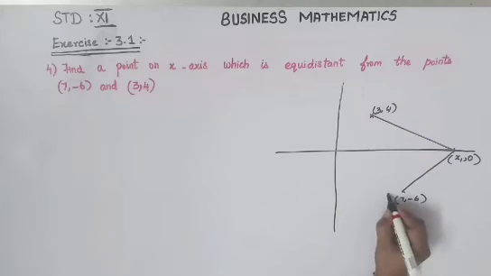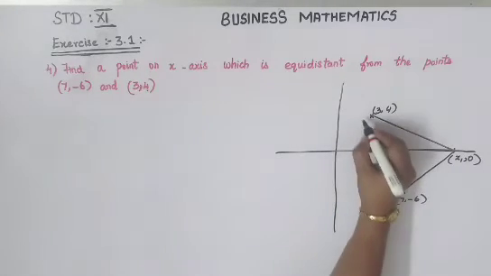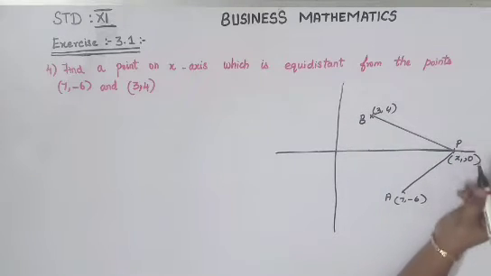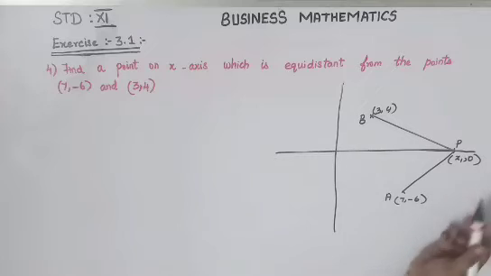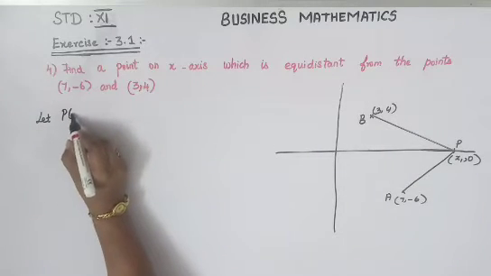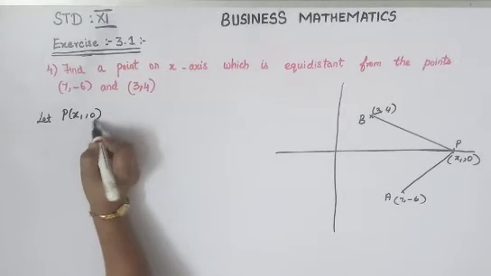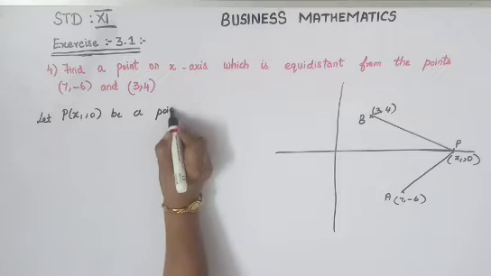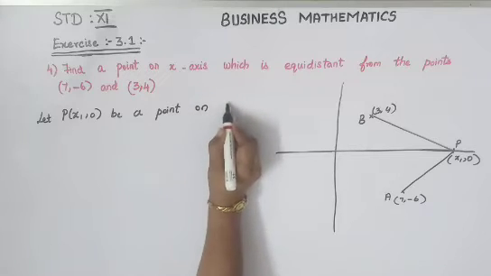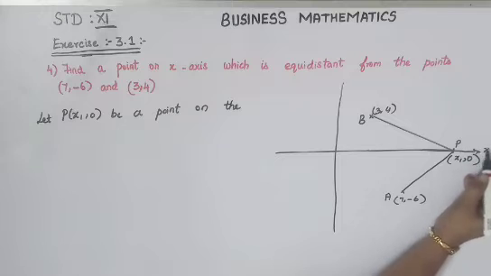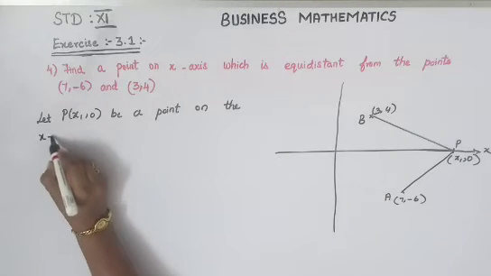So we'll just mark this as A and this point as B and your equidistant point as P. Okay, so let P of x1, 0 be a point on the x-axis.